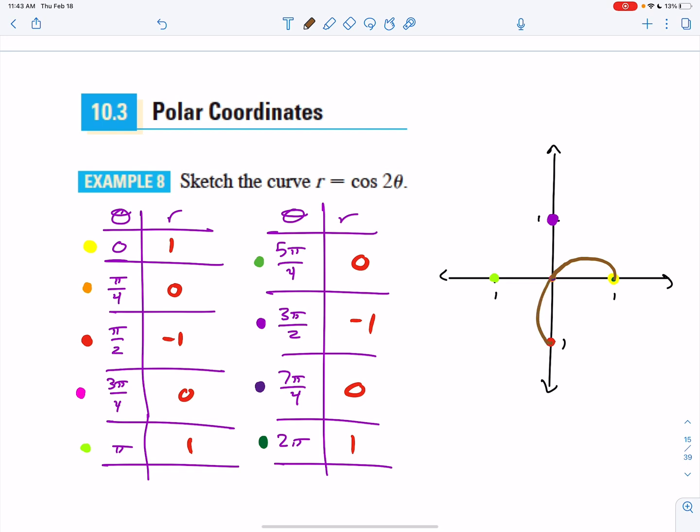Then it goes back to the pink at the origin. Then it goes to the green. Then it goes back to the darker green. Then it goes to the purple. Then it goes back to the origin. And then it goes back to the darker green. Okay? You guys can see this when you graph it on your calculator. It'll probably graph really quickly, so you kind of have to pay attention to it. So on your calculator, type out cosine of 2 theta. Notice the path that it's going in. Hit graph.